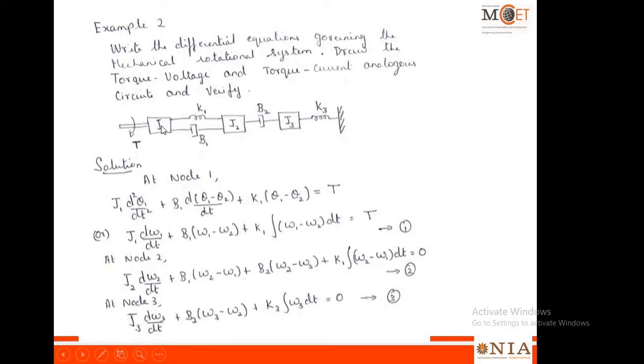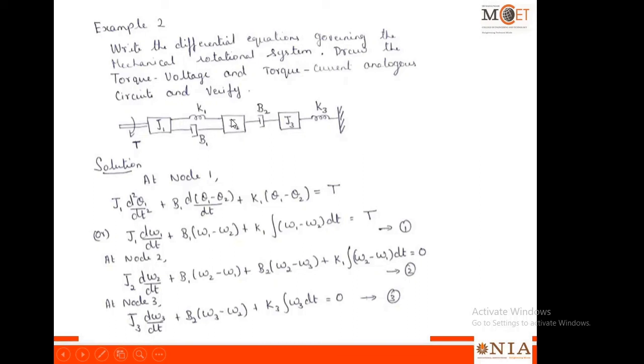So you see here three nodes, 1, 2, 3. So in the circuit also we have seen three nodes, 1, 2, 3, and the equivalent element for J1, that is capacitor, was connected only to node 1. The equivalent elements for spring and damper, that is the inductor and the resistor, were connected between node 1 and node 2.